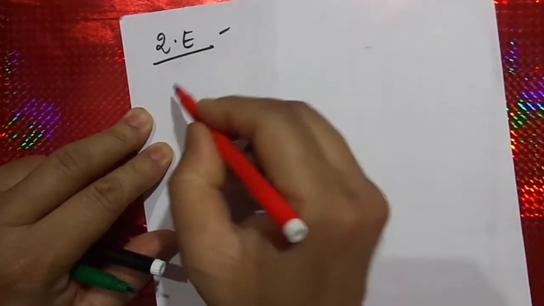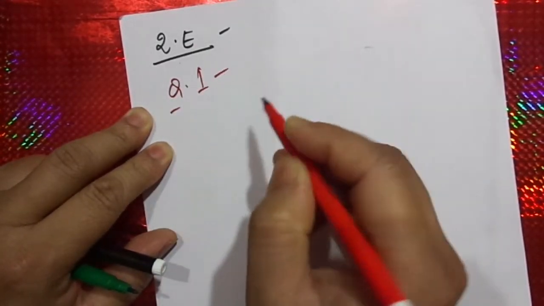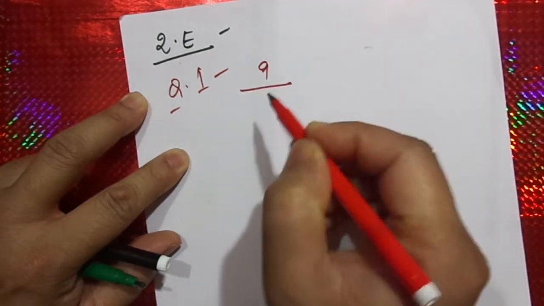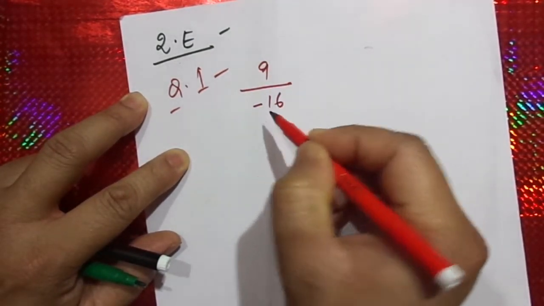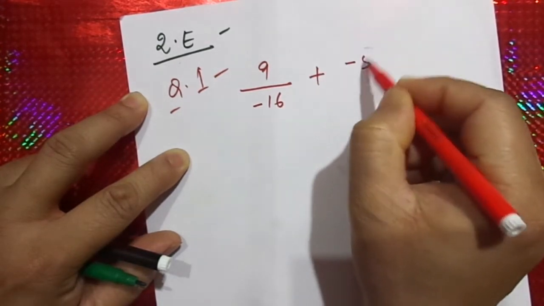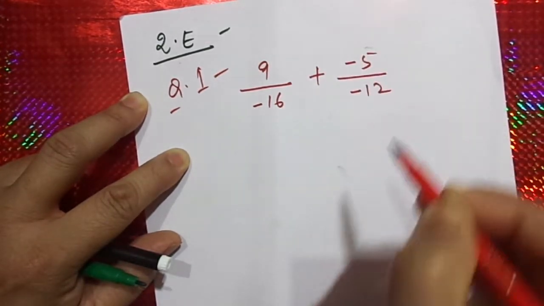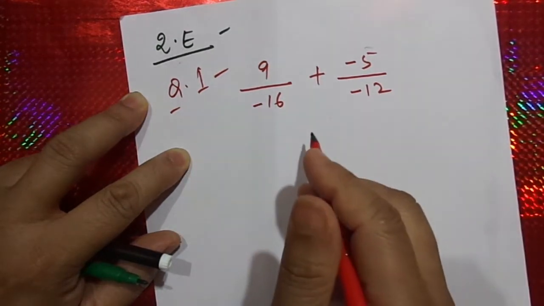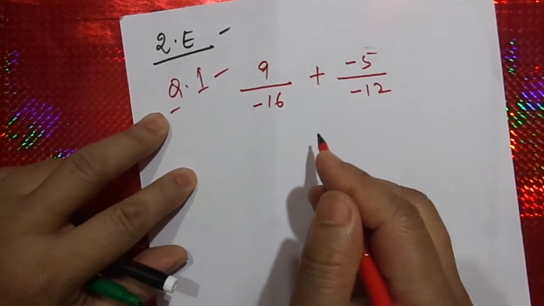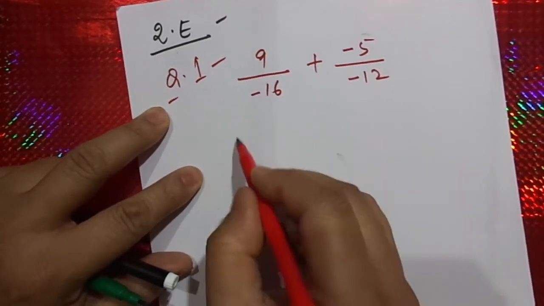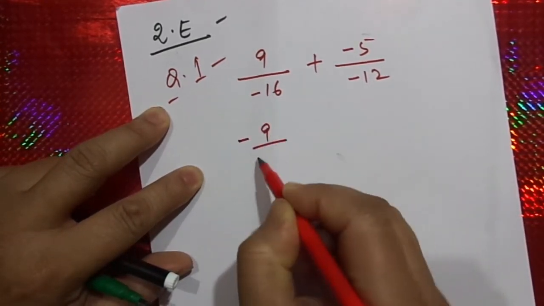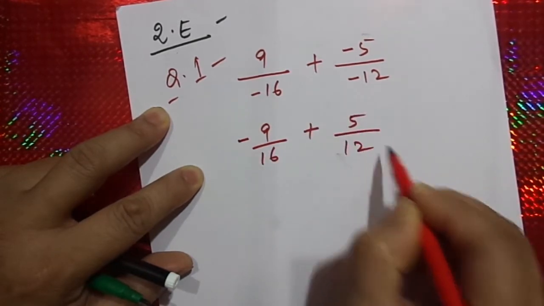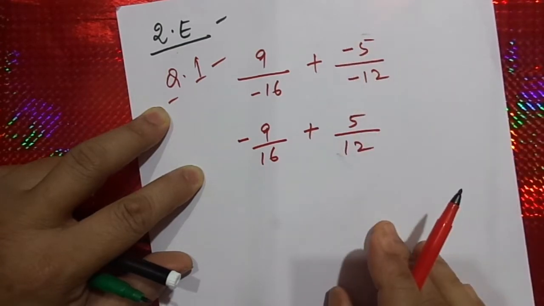So in exercise 2E, question number 1, we see that here we have again addition of rational numbers. When you add, as I said, first you need to change it into standard form. So here it will be minus 9 by 16 plus 5 by 12, as these two minus signs get cancelled.